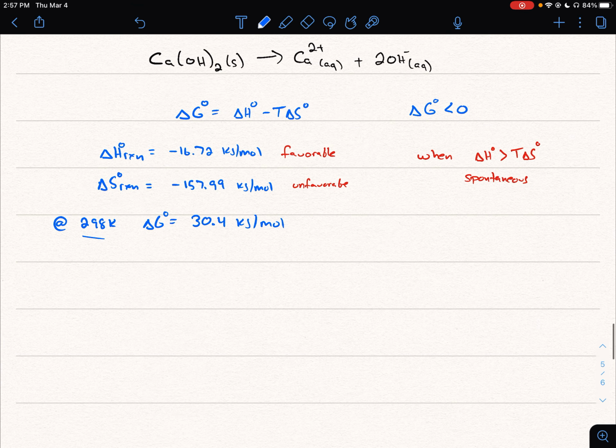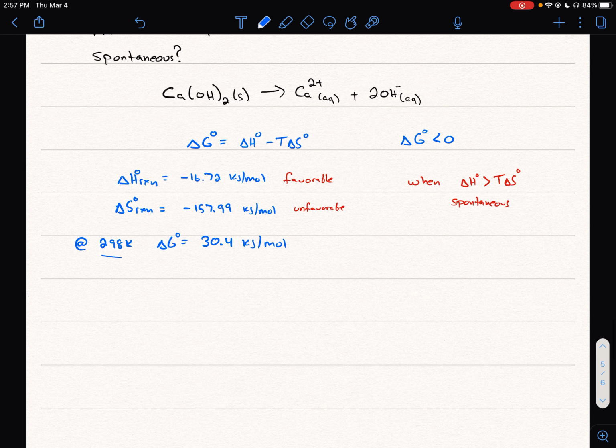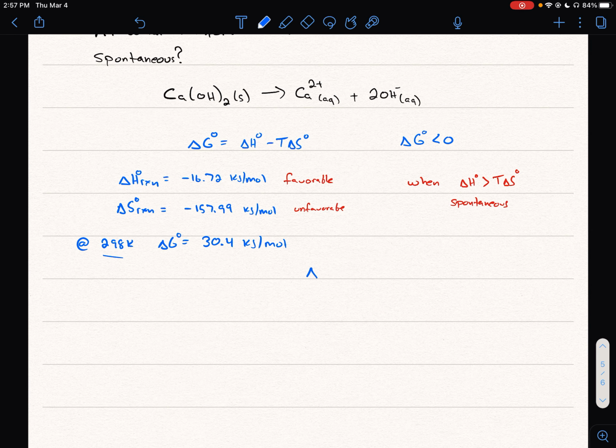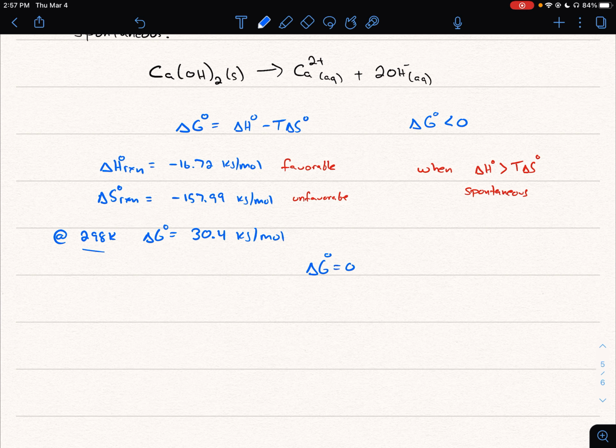So how we can calculate that is, let's solve for it. To do that, let's say delta G equals 0. Let's take the case when delta G is equal to 0, because at this point, we'll have reached the threshold where it's going to change from spontaneous to non-spontaneous.